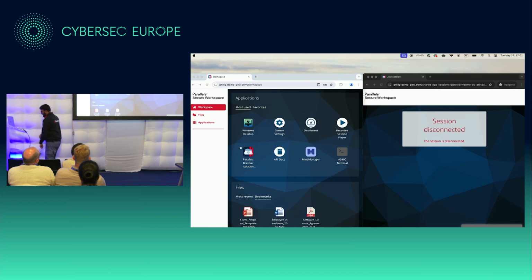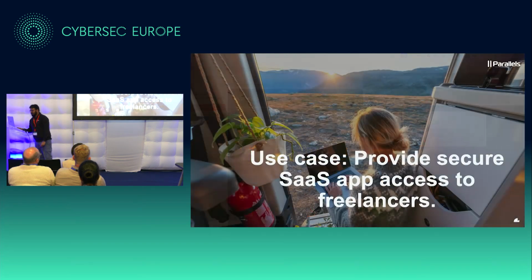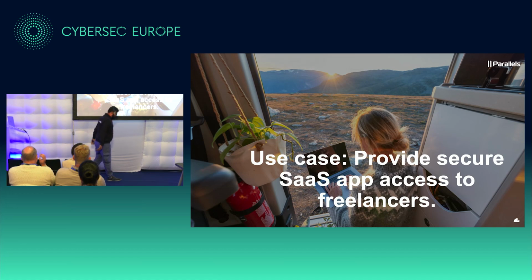OK, the last use case I want to talk about is providing secure SaaS applications to your external freelancers. And as you know, the SaaS apps are growing, the adoption of SaaS apps is increasing every year.